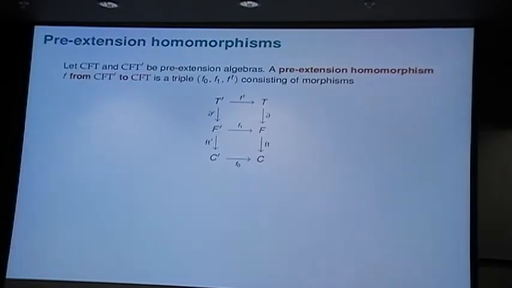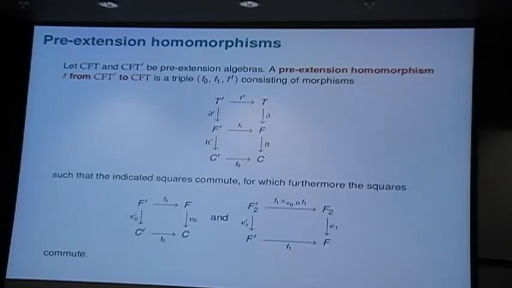A pre-extension homomorphism, the morphism for pre-extension algebras, is going to be a triple which maps the fundamental structure of the first to the fundamental structure of the second, and these diagrams have to commute. But not only that, the F also has to be compatible with the extension.